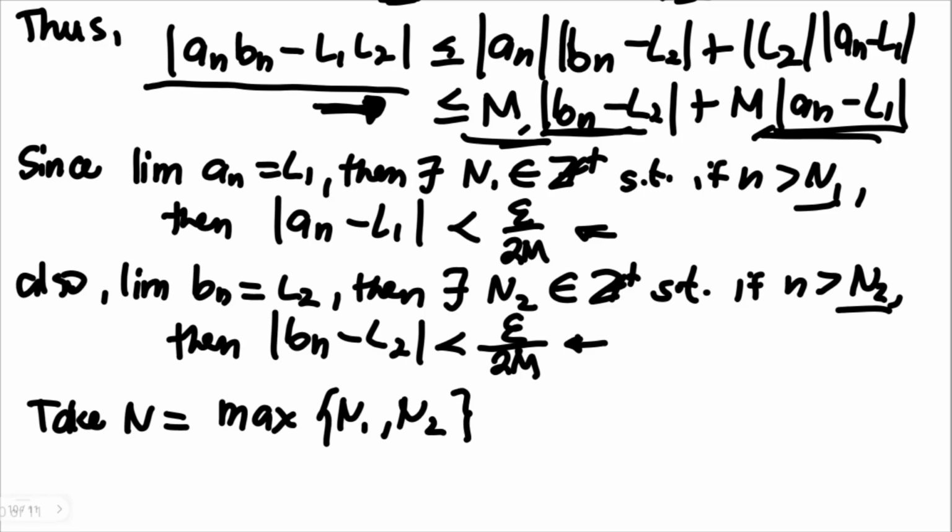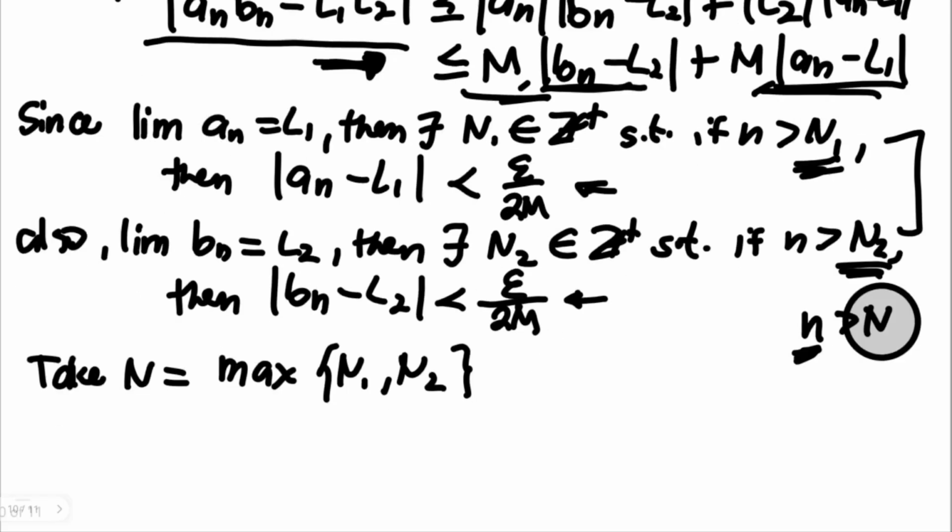We need this because whichever is larger and we take the maximum of the two, it still follows the idea of n being greater than n, because n will still be greater than the maximum of both. So it's still okay. So once we take that, let's have here, if n is greater than or equal to n.